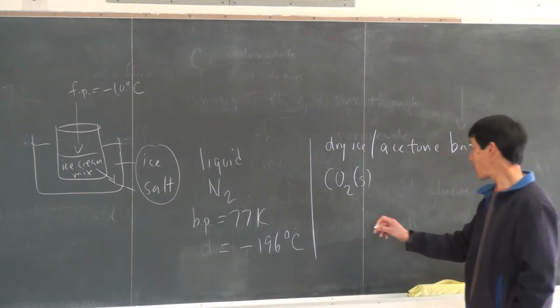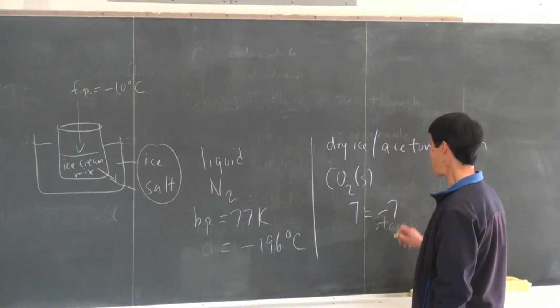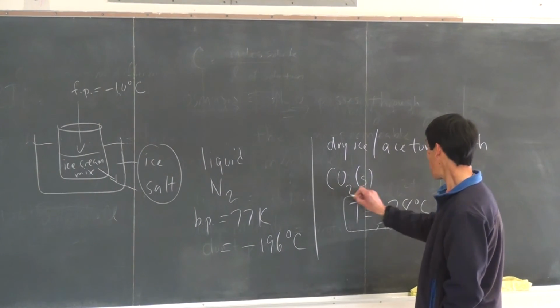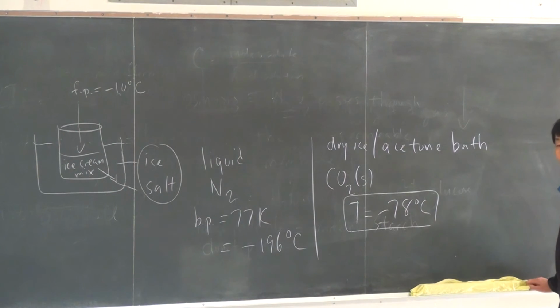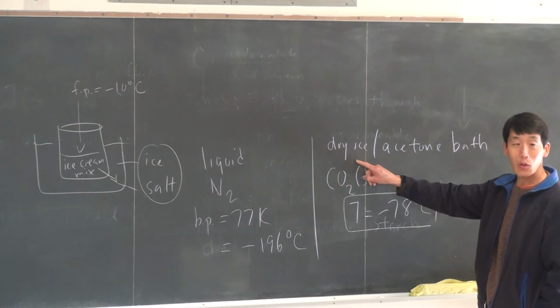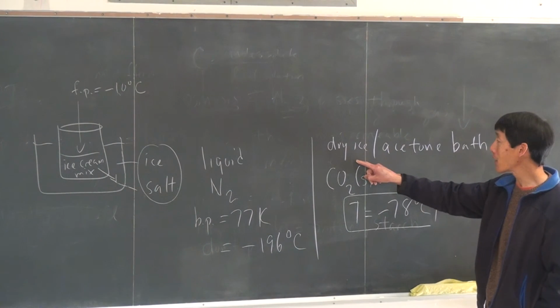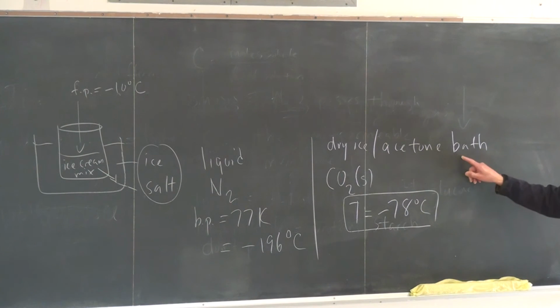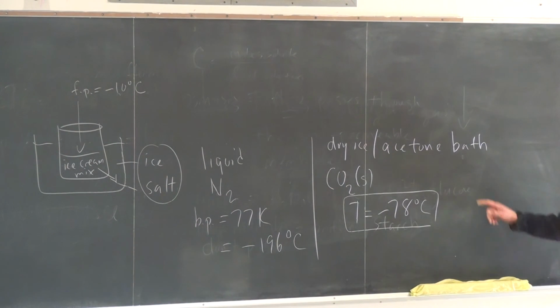This bath has a temperature of around, I think, minus 78 degrees Celsius. So this is another bath you can use if you want something colder than ice. I know that when Save Mart was still the Lucky Store down in South Main, you could buy 5-pound blocks of dry ice for a few dollars. I'm not sure if they still sell dry ice now. And acetone you can buy at the drugstore as fingernail polish. And you have your minus 78 degree bath, which is really cool.